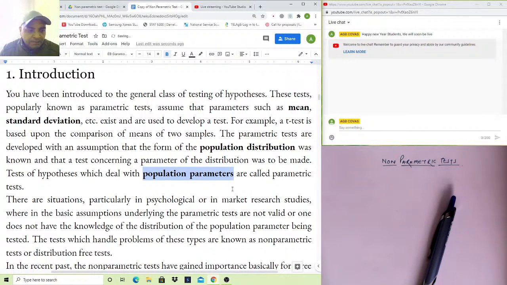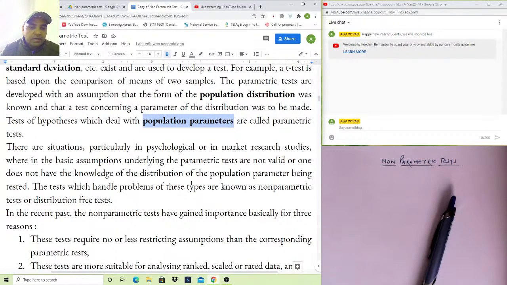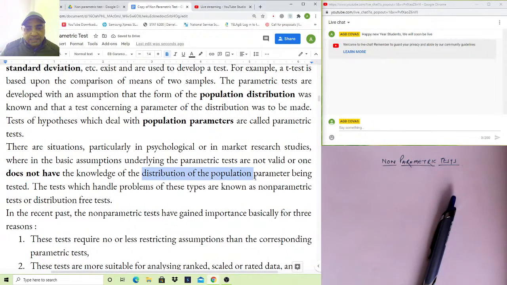But there are situations, particularly in psychological and market research studies, and also in clinical studies, wherein the basic assumptions underlying the parametric tests are not valid, or one does not have knowledge of the distribution of the population that is to be tested.